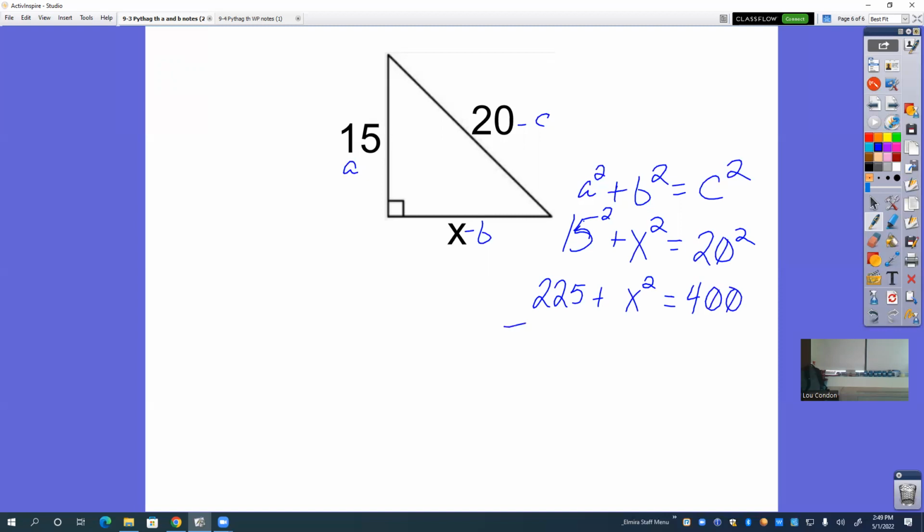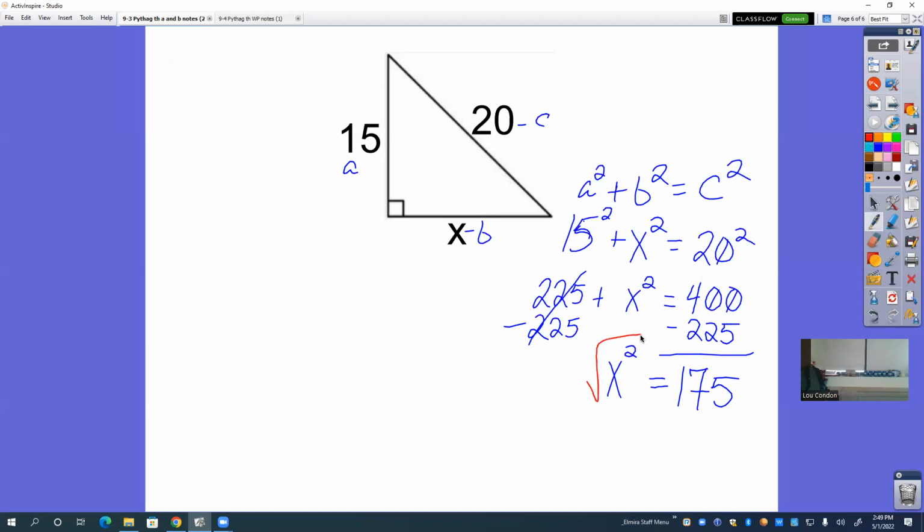Okay, so again, isolate the variable first. Subtract 225 from both sides. That equals 175.